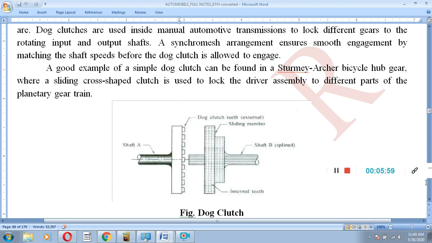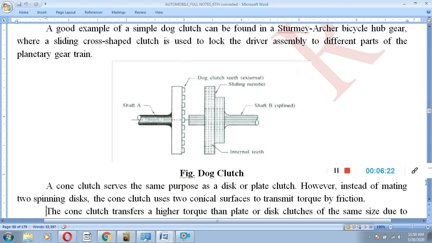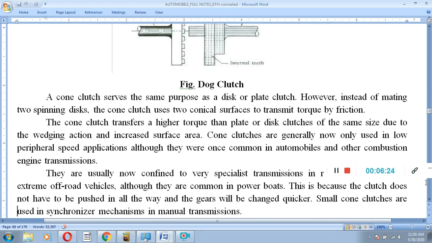A good example of a simple dog clutch can be found in a Sturmey-Archer bicycle hub gear, where a sliding cross-shaped clutch is used to lock the driven assembly to different parts of the planetary gear train. Okay, this is the dog clutch.